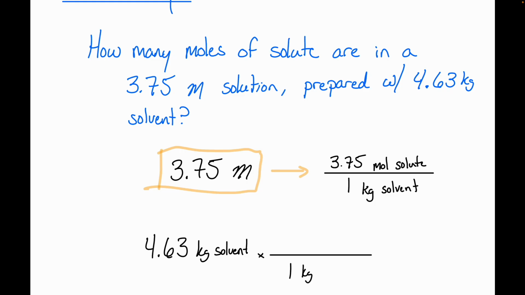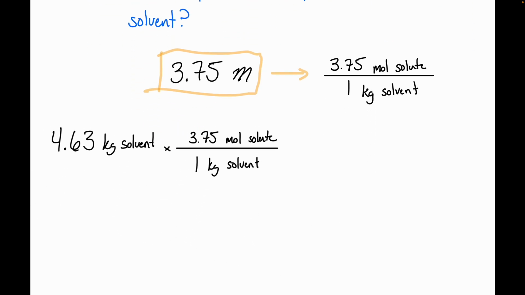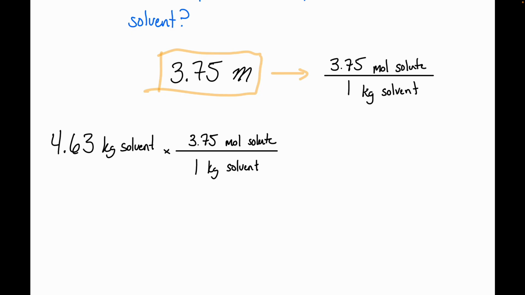I'm going to multiply that by that molality, times my 3.75 moles of solute that are in that kilogram of solvent. Punch that into my calculator. 17.3625. And my units here, moles of solute.